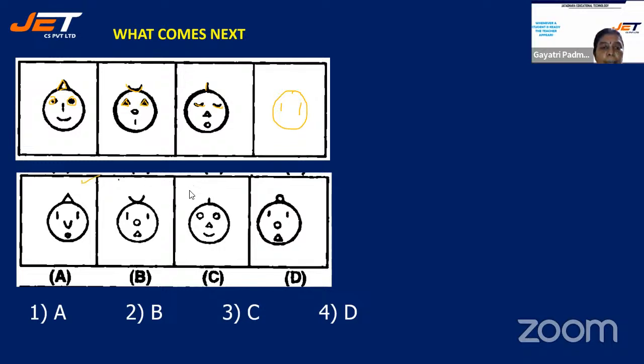That is A, B, D. See the next option, which could be the correct one, right? So here you have the straight line. Next you have a circle. Next you have a triangle.